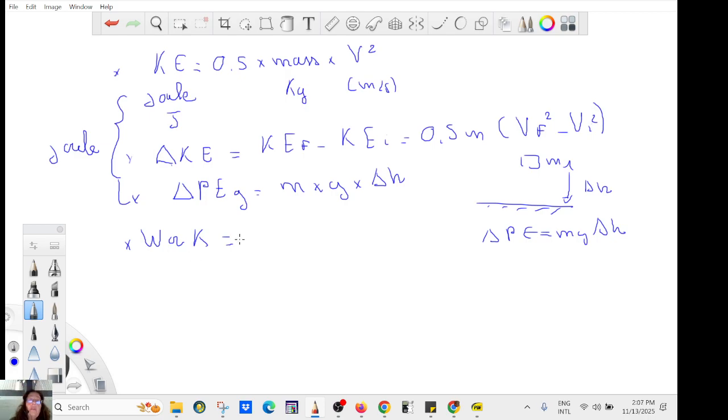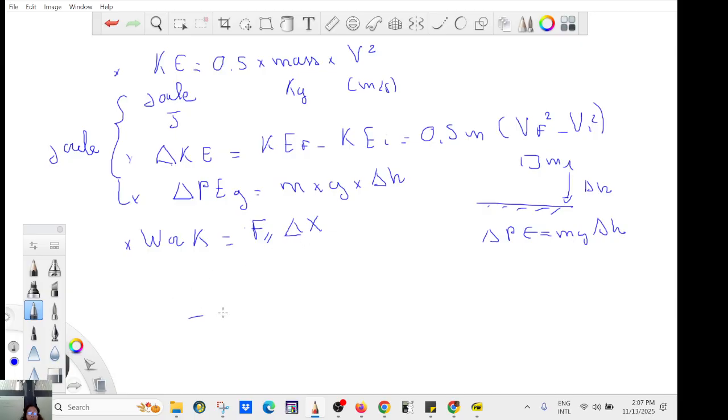So work is energy in transfer, and we're going to see that to transfer work, you need to apply a force over a distance.